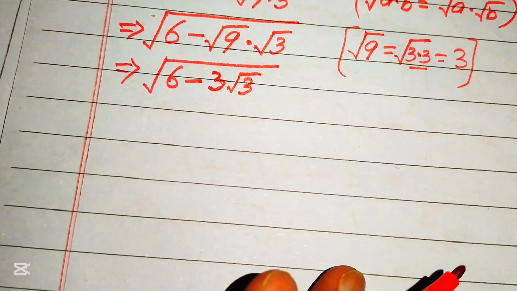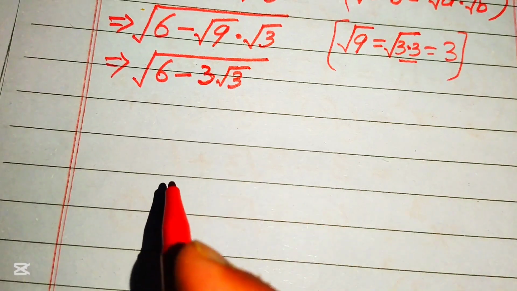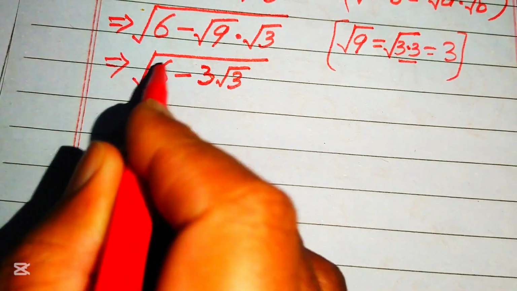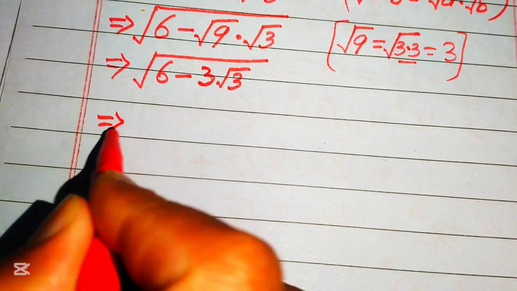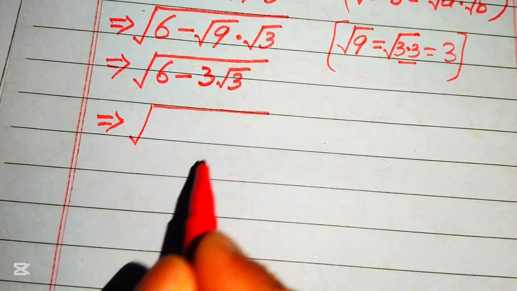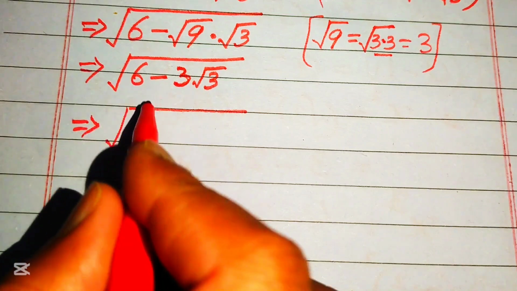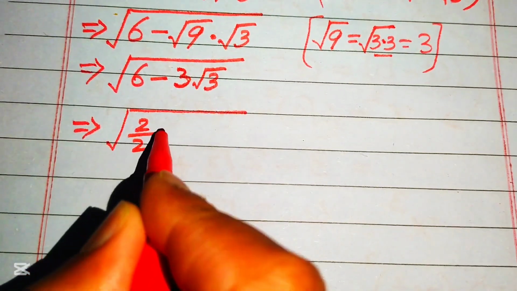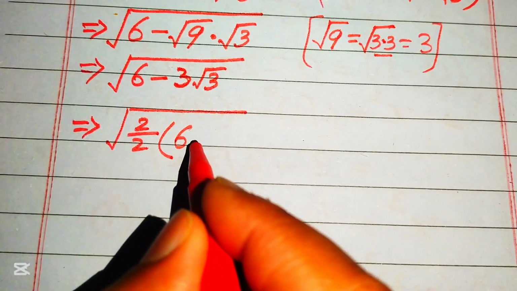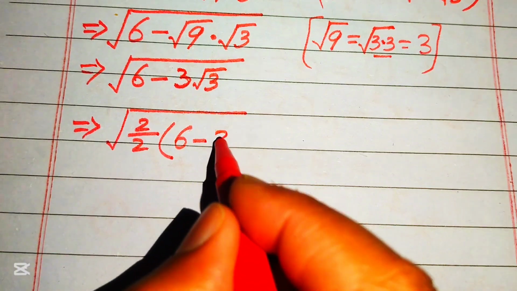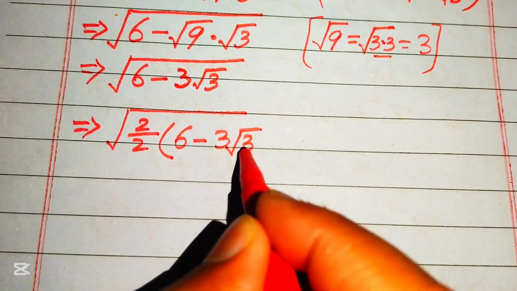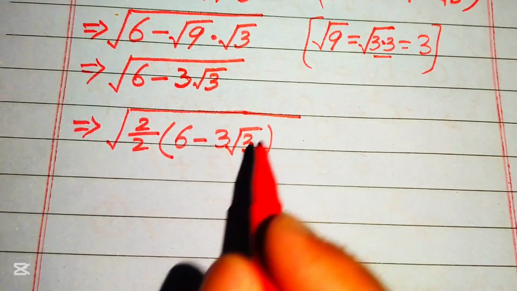Now in the next step we need to multiply and divide inside this radical sign by 2 in order to simplify this expression further. So we multiply and divide this expression by 2, and it will be written as 2 over 2 times 6 minus 3 times the square root of 3.